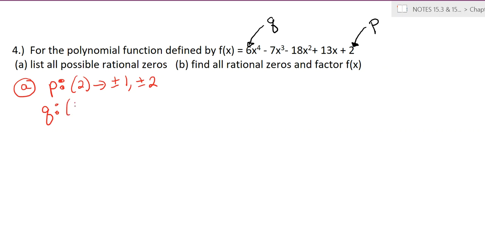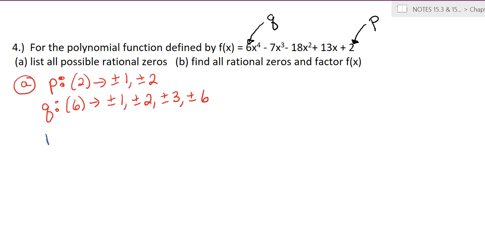Q is 6, and it has possibilities of 1, 2, 3, and 6. And remember, what you actually want is the ratio, P over Q. So you're doing a combination, and you want to do this very systematically to make sure you're not missing any of them.